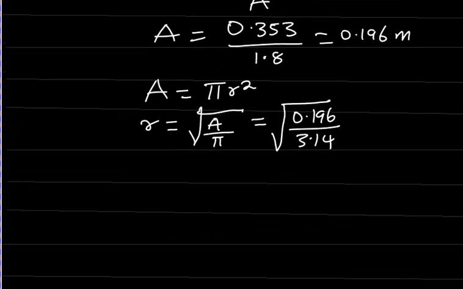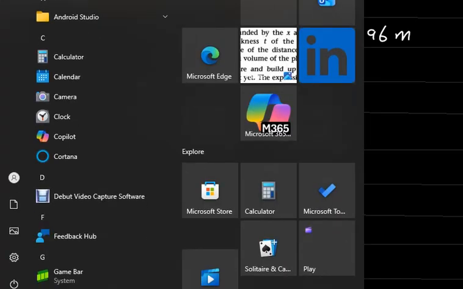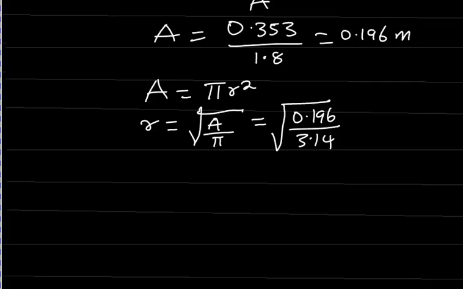So let's divide that. Divide by 3.14. Okay, 0.062.